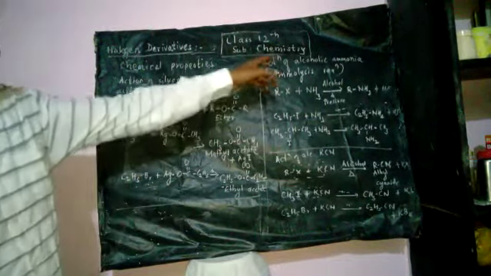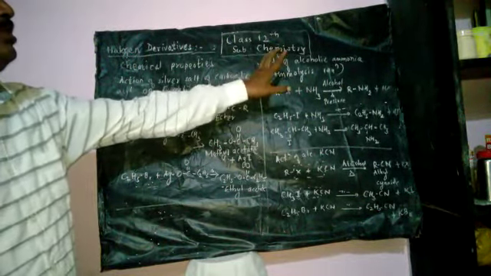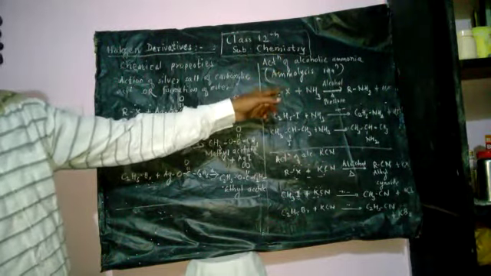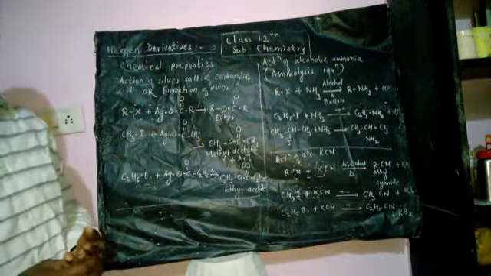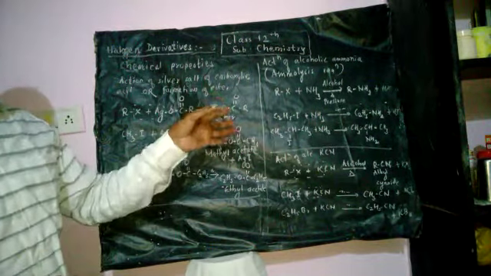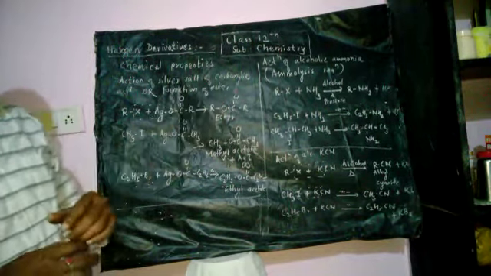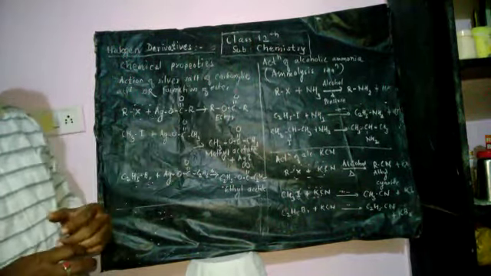Now next reaction is action of alcoholic ammonia. It is also called as ammonolysis reaction. Here primary amine is obtained. This reaction will repeat in our next chapter, that is amine.